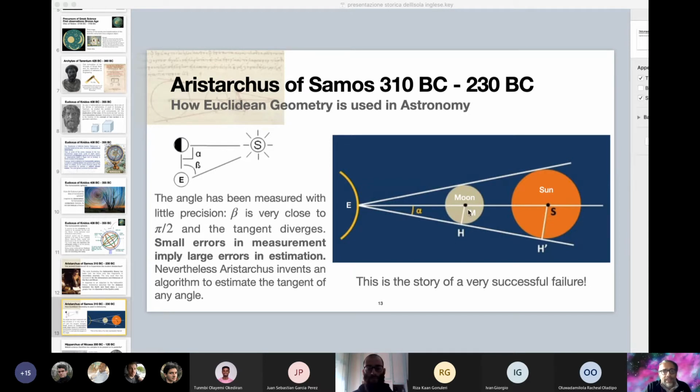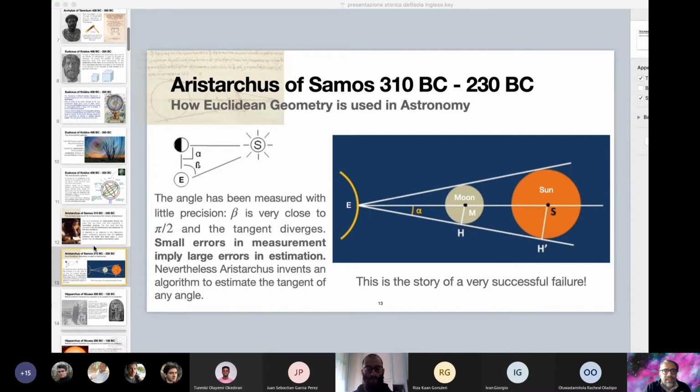So you can find an estimate of the moon radius and the sun radius and link it to the distance between Earth and Moon and the distance between Earth and Sun. So with this simple Euclidean geometry, you can start getting important measurements about the dimensions of the solar system.